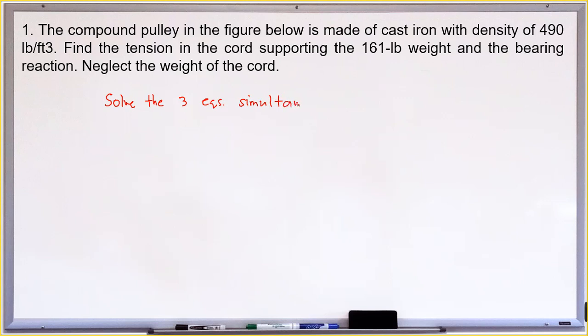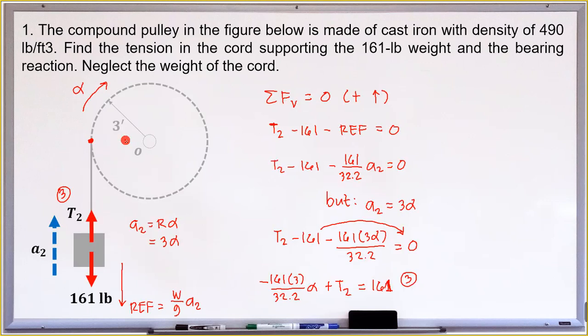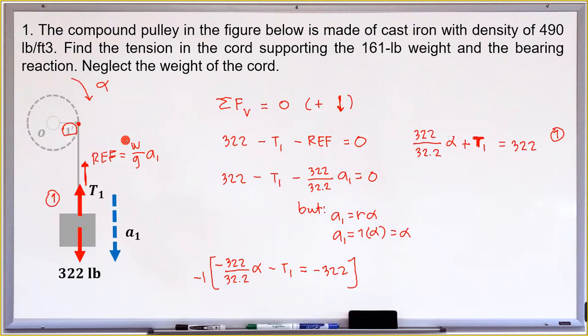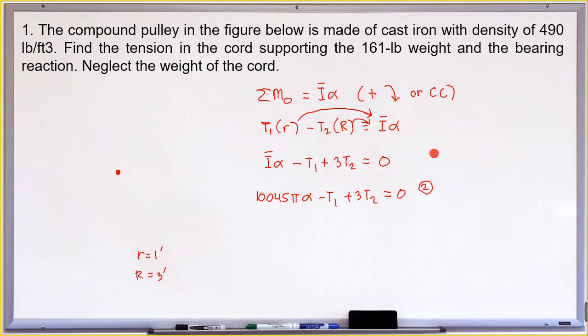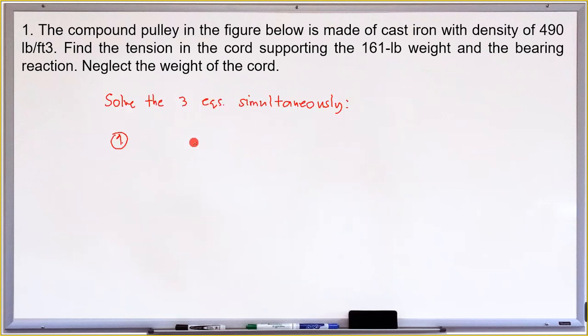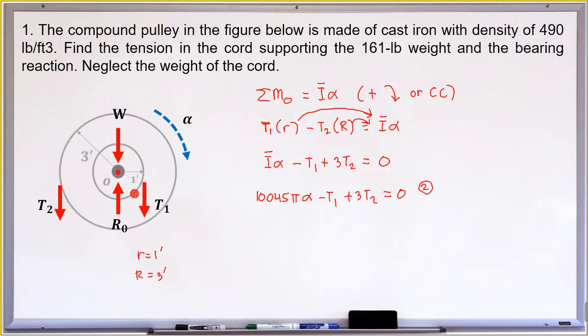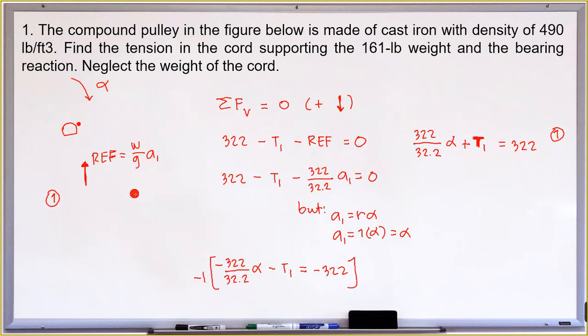Using Calcutech, no? Mag-calcutech ta niyan eh. So, first equation, balik ta. Our first equation is this one, 322 over 32.2 alpha plus T1 equals 322. So we have 322 all over 32.2 alpha plus T1, then plus 0 T2, equals 322.